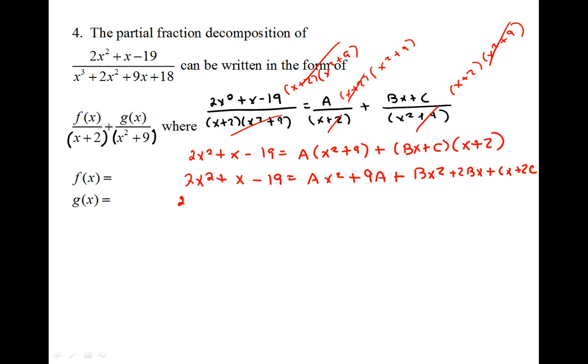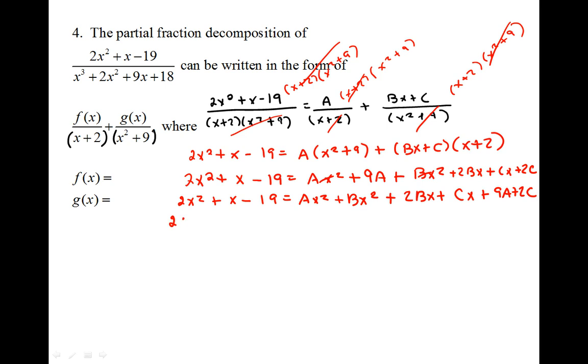So you have 2x squared plus x minus 19. And now you want to group your like variables. So I'm going to have your ax squared and your bx squared together. And then you want your 2bx with your cx, and your 9a with your 2c.